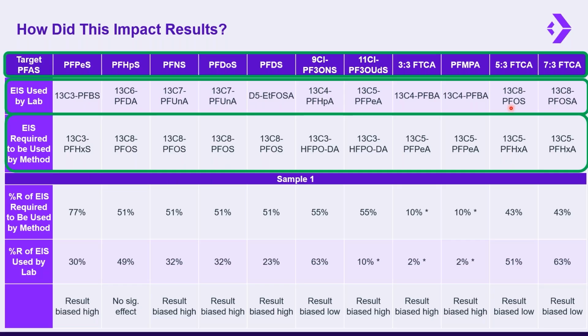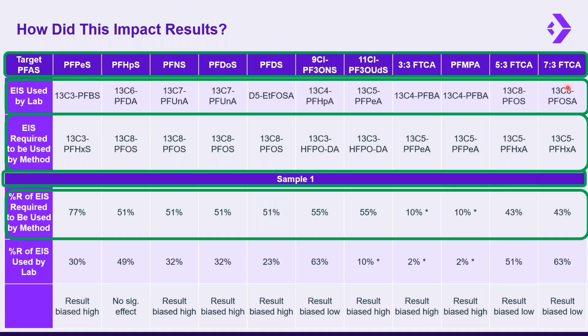Each of these was impacted in similar manners. For an example, I'm going to show you the impacts using one sample here. The first row under the sample header shows the recovery of the extracted internal standard that the lab was supposed to use per the EPA method.